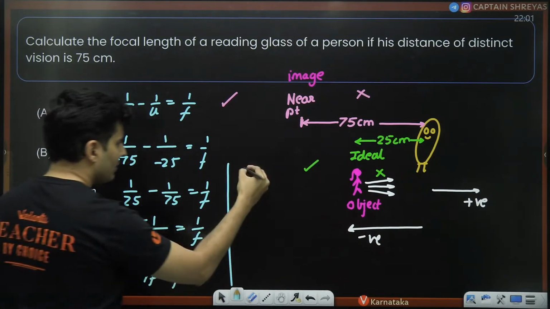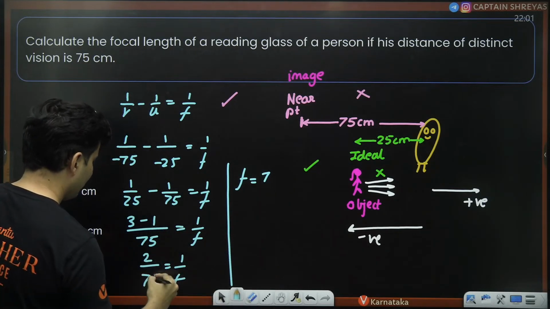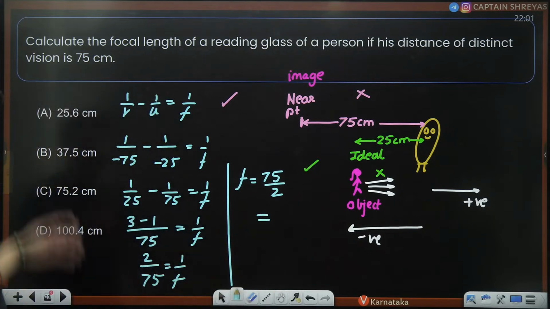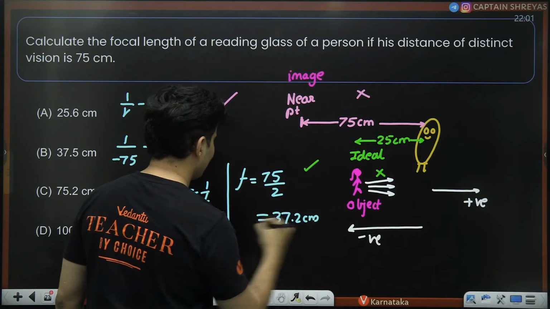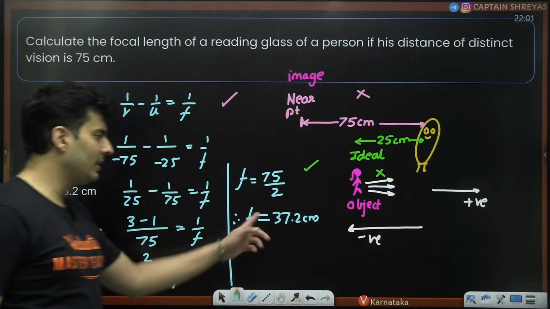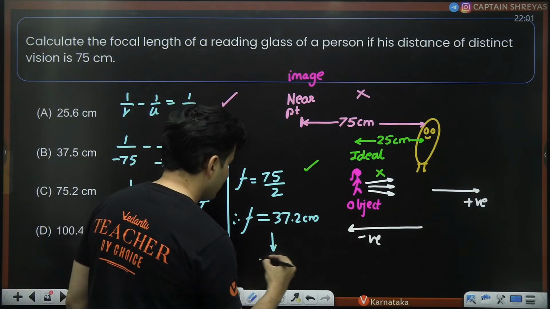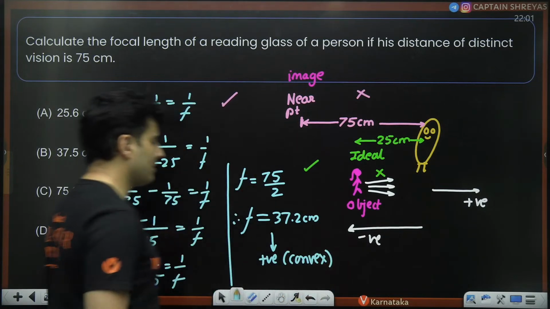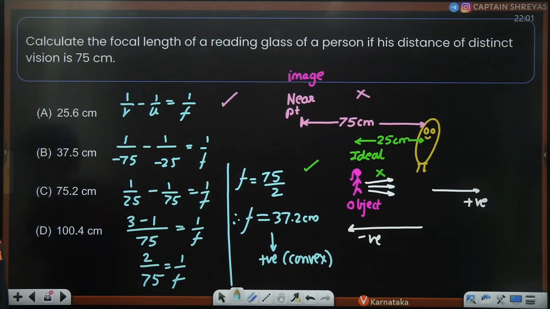Flip it, so f will be 75 divided by 2, which is 37.5 centimeters. So he will need a focal length of 37.5 centimeters, positive. That means it will be a convex lens. Which lens will it be? Convex lens. So if Pandu uses a convex lens, he will be able to see Champa.